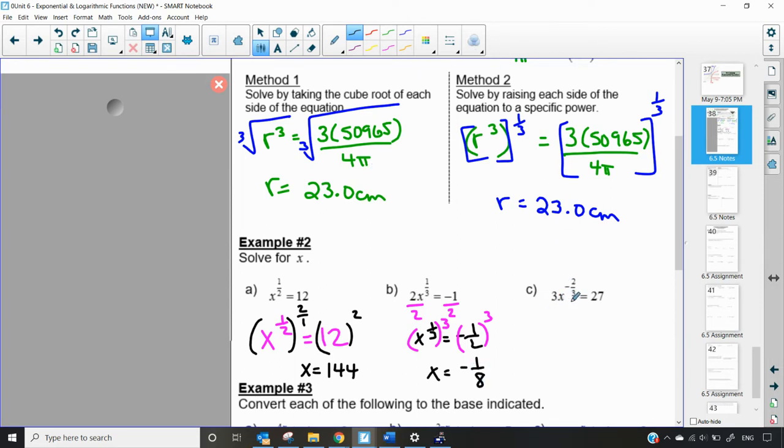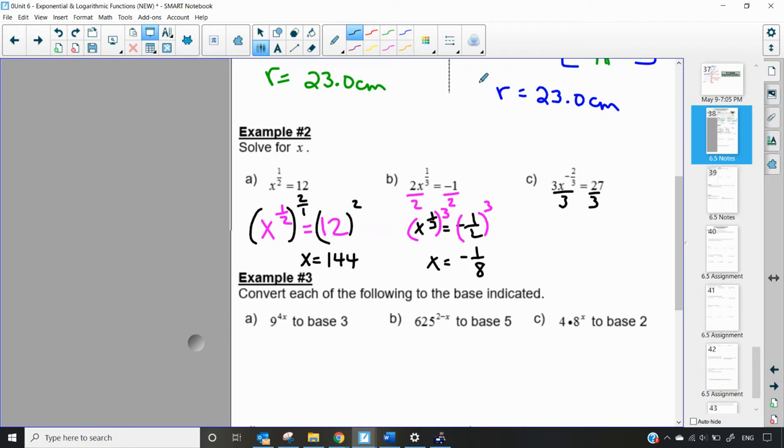Now for our final example here, we're going to divide by 3. And that gives me x to the -2/3 equals 9. And again, we need to get rid of our exponent. So we're going to raise it to the reciprocal power. But if you notice, we have a negative here. So that means we have to raise it to a negative reciprocal, so that the negative and the negative make a positive.